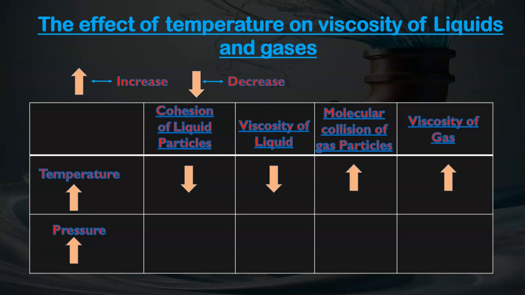And what happens when we increase the pressure? There will be increase in cohesion of liquid particles, and hence there will be increase in viscosity of liquid. There will be decrease in molecular collision of gas particles, and hence there will be decrease in viscosity of gas. So what happens when we decrease the temperature and pressure? All the results will be just opposite.